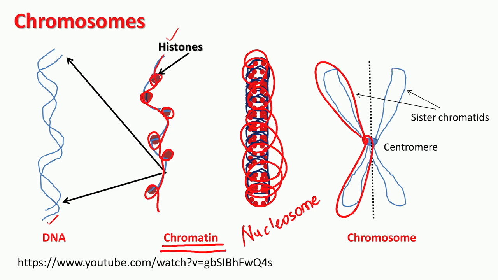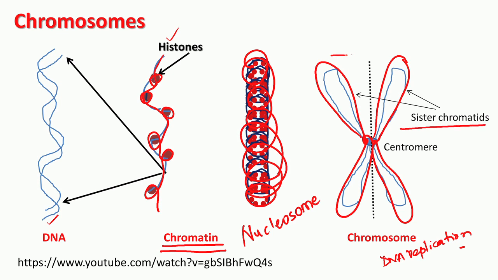And what you find is after the process of DNA replication in the cell cycle, we will cover this separately, after the process of DNA replication has taken place, each chromatid will give rise to the sister chromatid. These are sister chromatids, but each one of them is actually a chromosome.